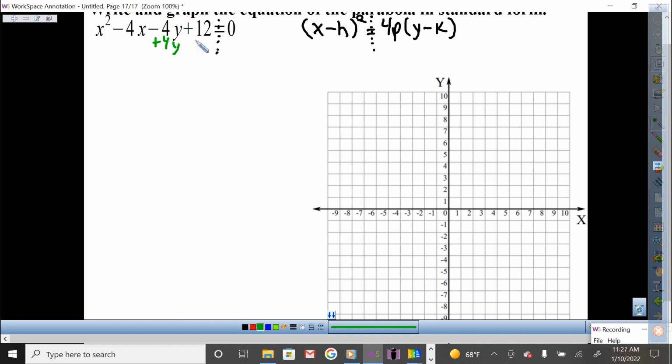Add 4y and subtract 12. Do that with me, please. This cancels. We're left with x squared minus 4x, empty space, equals 4y minus 12. Notice what I said, empty space. I want to trigger your noodle because we've done this process before.